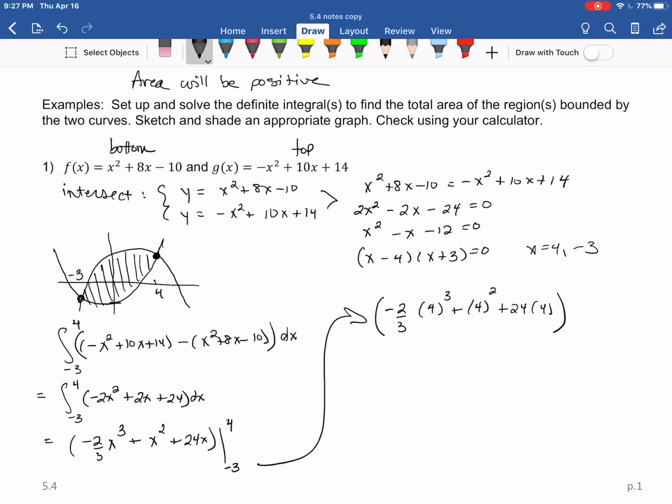That's the upper bound minus the lower bound. So negative 2/3 times negative 3 cubed plus negative 3 squared plus 24 times negative 3. And when you work it out, I'll leave the arithmetic to you. You should get the solution 114.33. This is an area, so we'll just call it square units, just to be pretty specific on that.